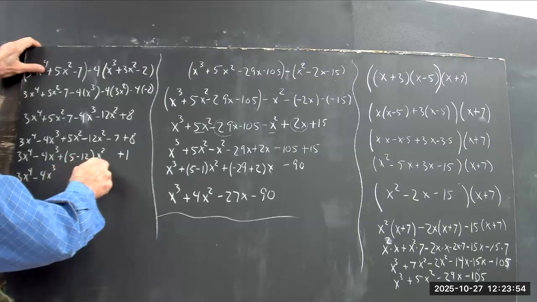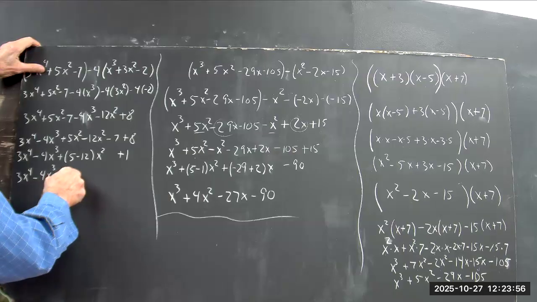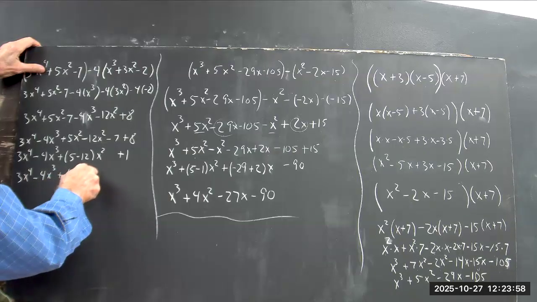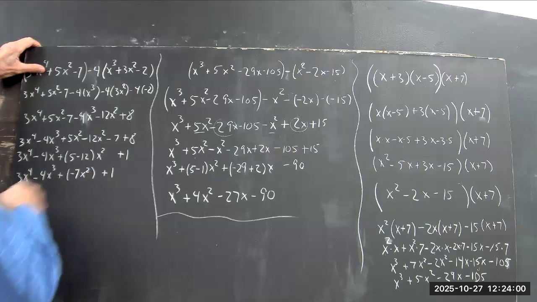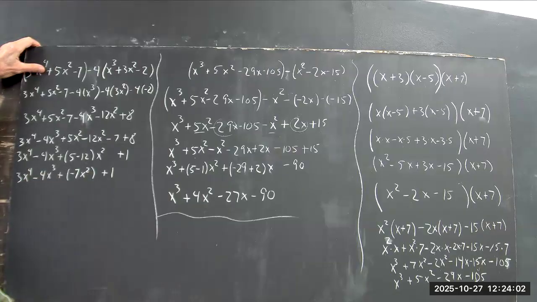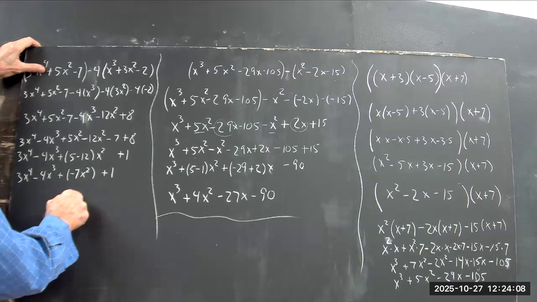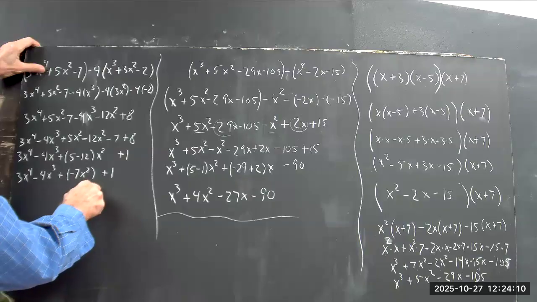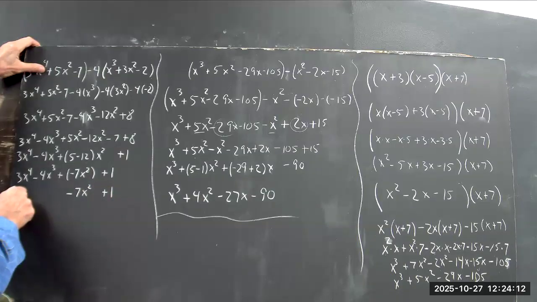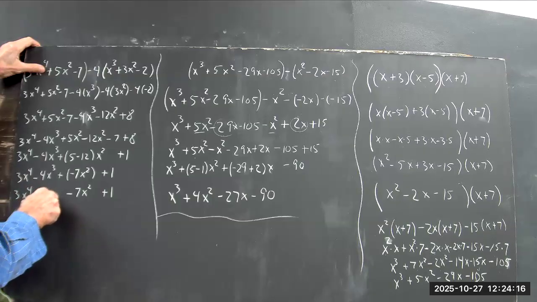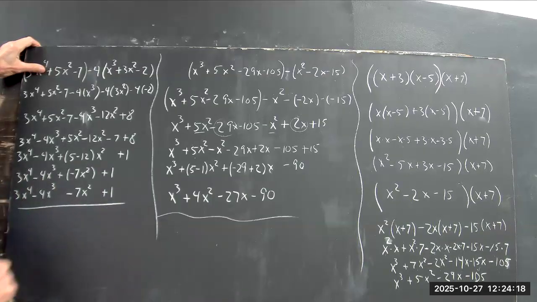Plus 5 minus 12x squared, that's plus negative 7x squared. And then we still have our plus 1. One more step, plus a negative 7x squared is just minus 7x squared, isn't it? And then out in front of that, we got our 3x to the fourth minus 4x cubed.